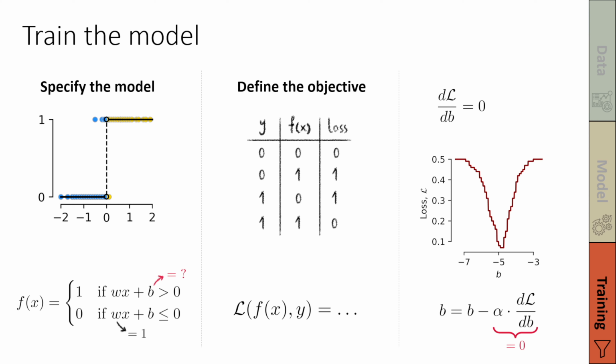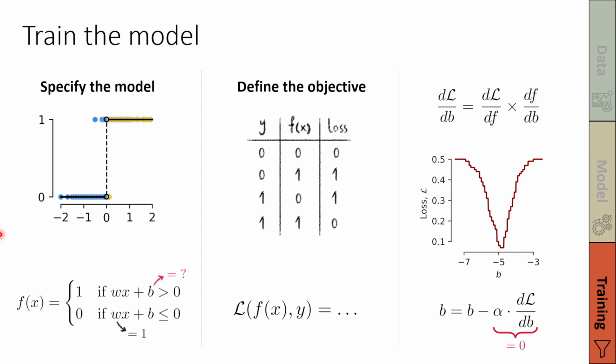To demonstrate the problem, first I'm going to rewrite the derivative of loss with respect to the bias as a multiplication of 2 derivatives. The first one is the derivative of loss with respect to our model output f, and we can do this because the loss function is actually a function of our model output.